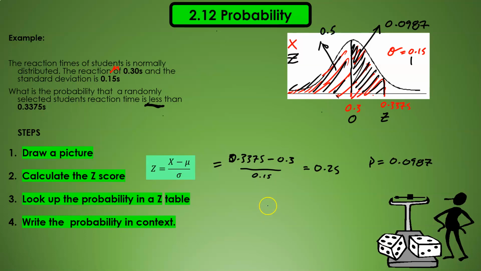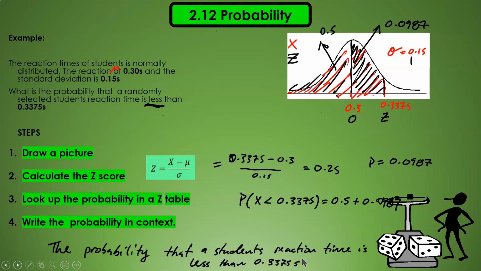So in our final answer, the probability that x is less than 0.3375 is equal to 0.5 plus 0.0987. And of course, our final answer needs to be written in context.